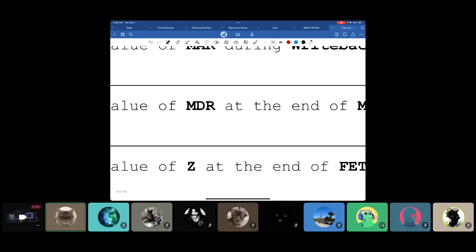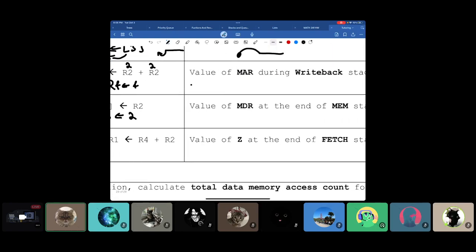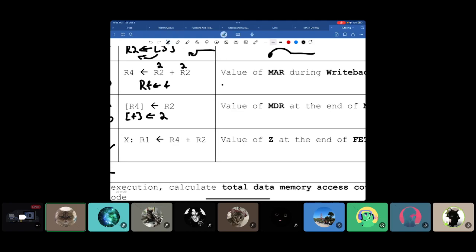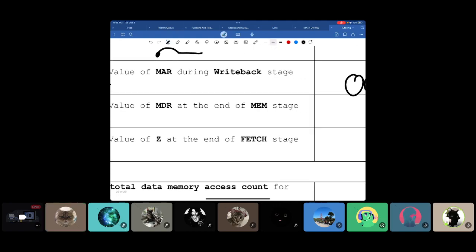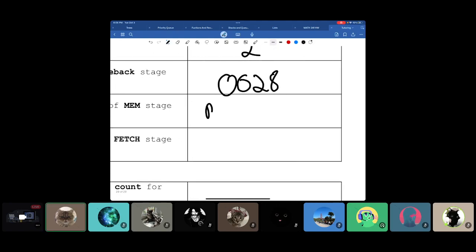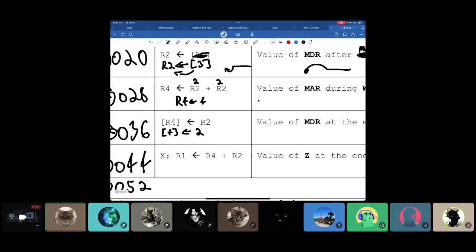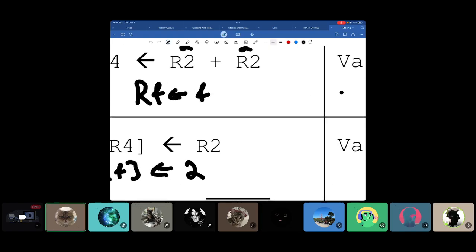That'd be the value of MDR at the end of the mem stage. Just because you put that data into memory, that doesn't mean it's not still in MDR, right? So I believe that would be R2. I think you could put R2 or 2, whatever you want. But just to be safe, I would go with 2. Wait, why is it 2? Not 4? Because R2 stores 2.